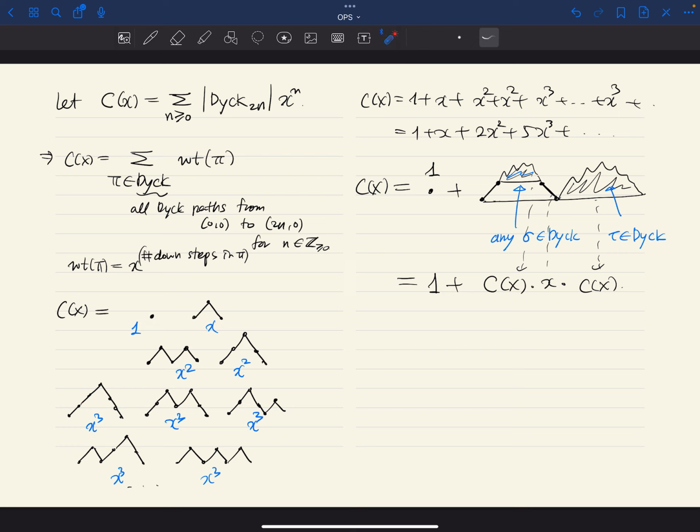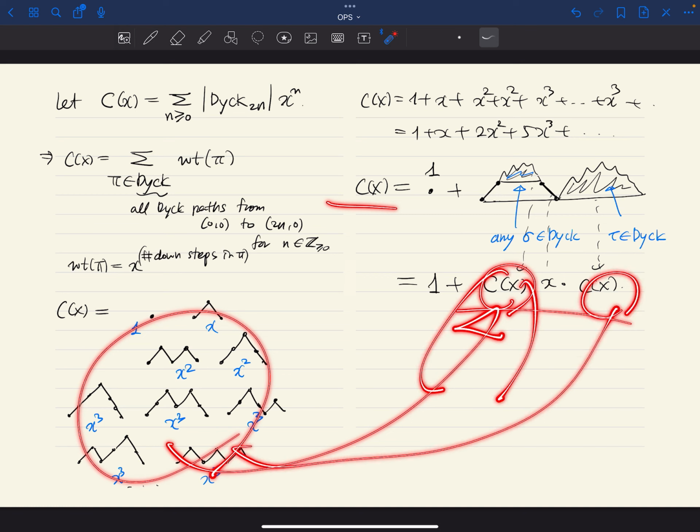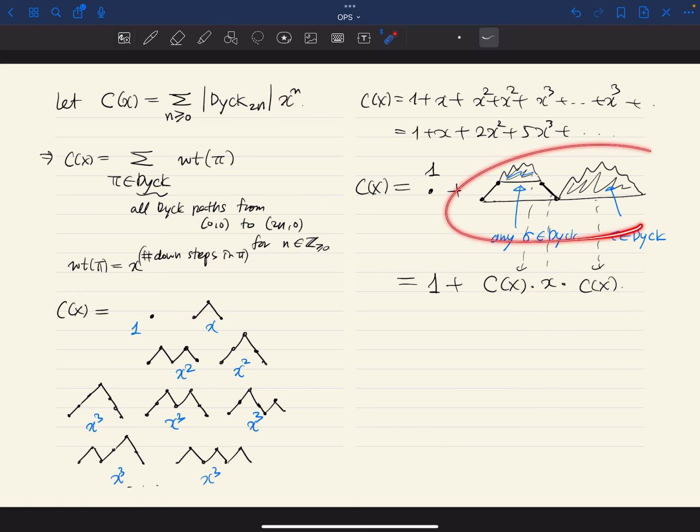If you are not convinced, just imagine the picture here. This picture is inside, this picture is inside. The way we multiply formal power series is that for each factor we select one term. Here we select x, here we select something like that. And they will give you a way to make one Dyck path here. So that's why it is equal to this.